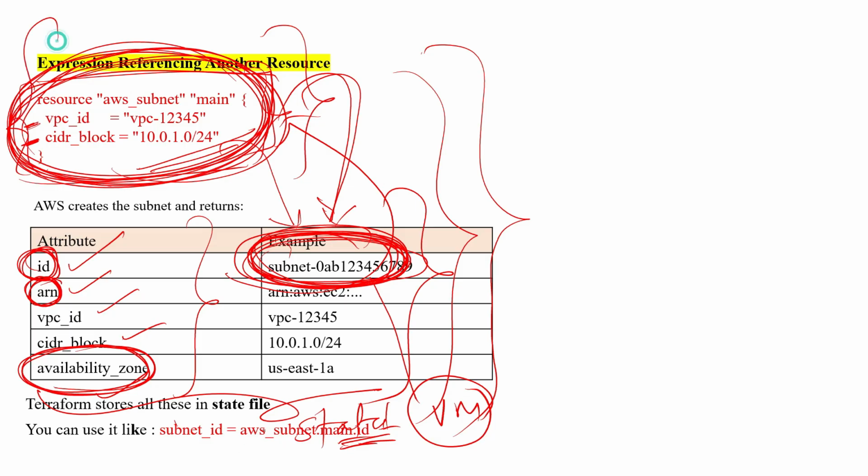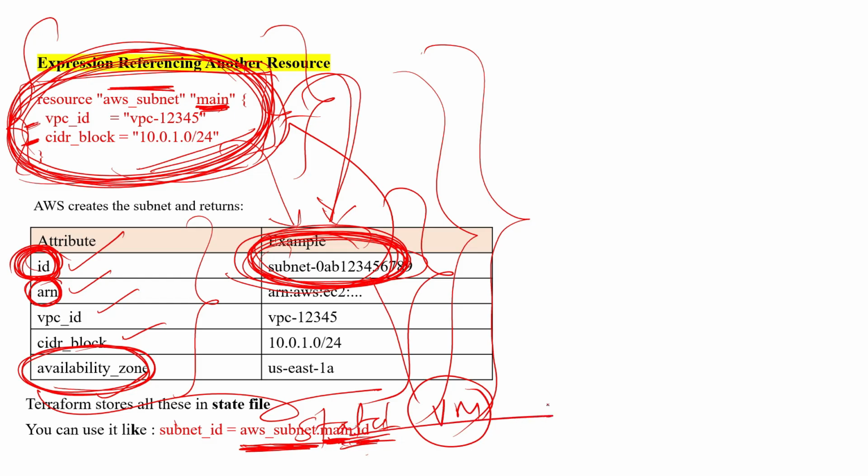Very simple. We can call it like this: aws_subnet.main.id. This is aws_subnet, this is main, the name of the resource, and then .id. And this is the ID that has been returned by AWS when the resource is created.